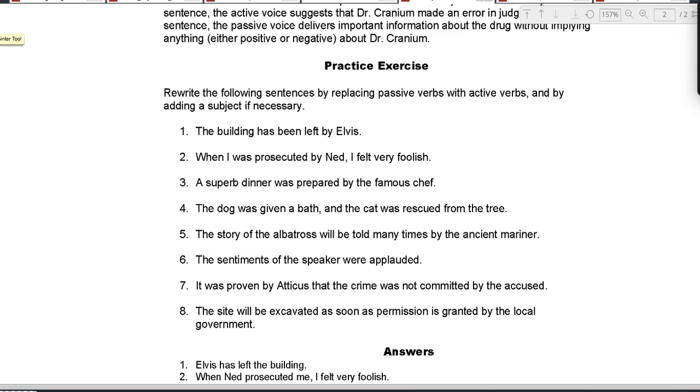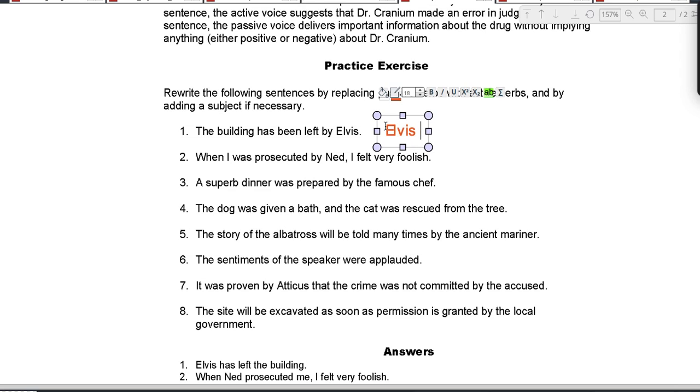So the rule will be that we put the subject in its original place, because this is the object that we have to put in the object form. Like in number 1, by Elvis was the main subject and this was the object, so we rewrote it in the active voice: Elvis is the subject.